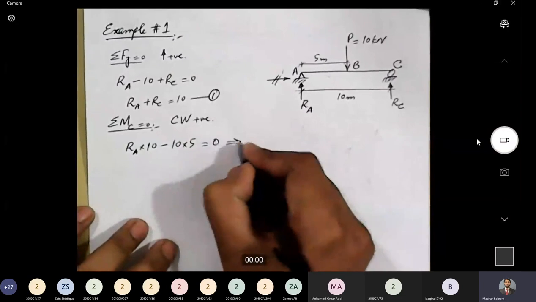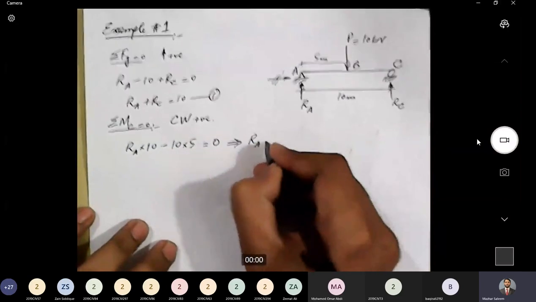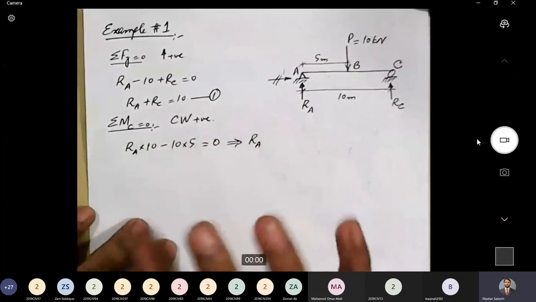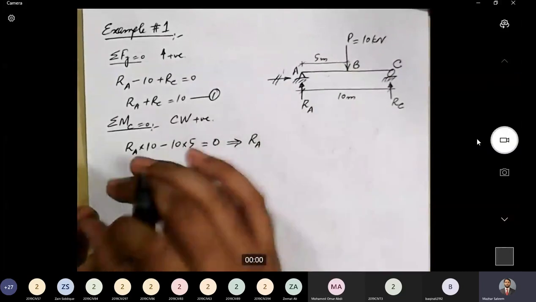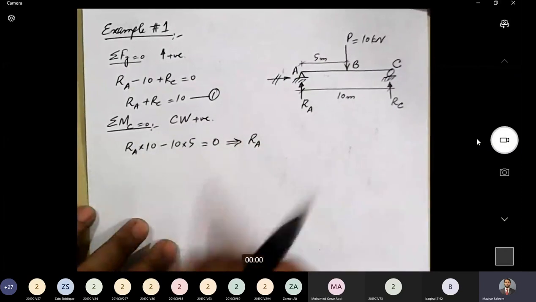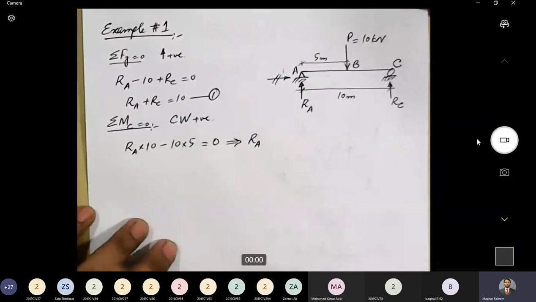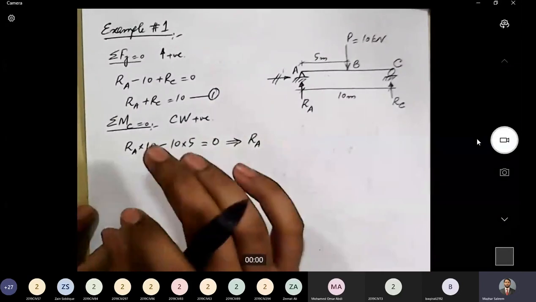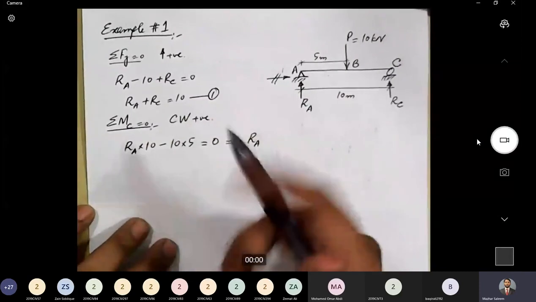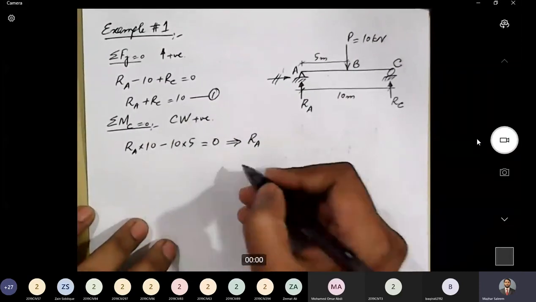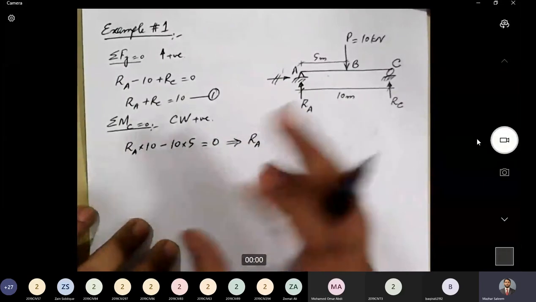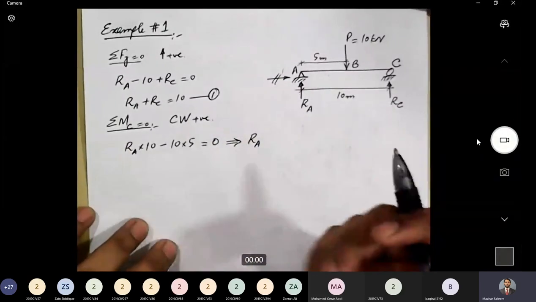Now, please calculate the value of RA. When we will be solving these numerical problems, I want all of you to have a calculator with you. We will be writing down the equations and calculating the variables. Don't just depend upon the video lectures, thinking these lectures will be available at any time.